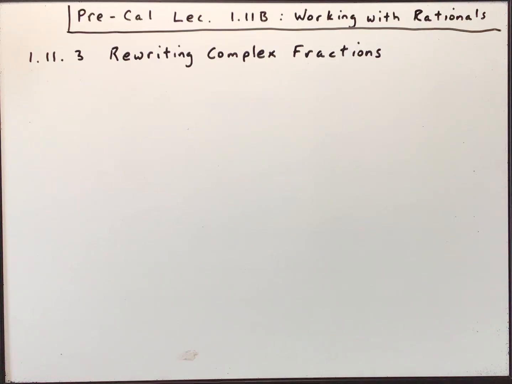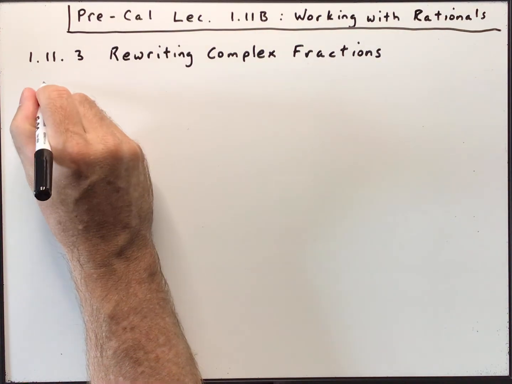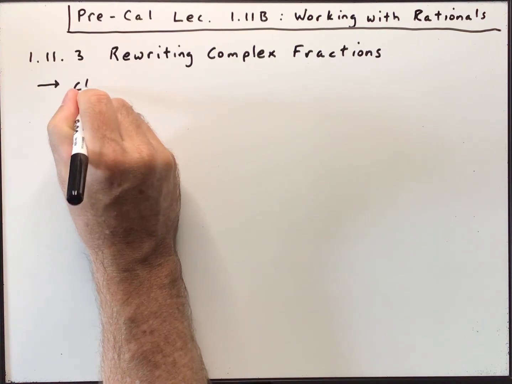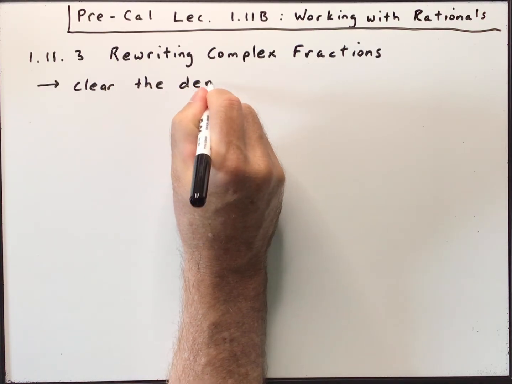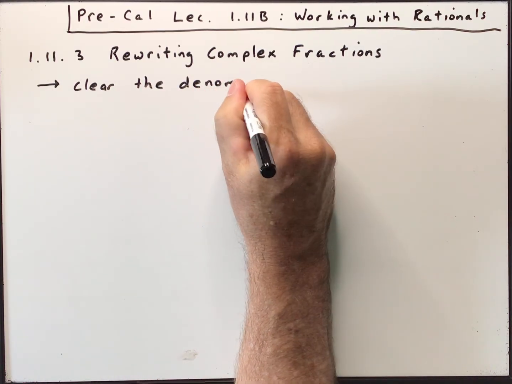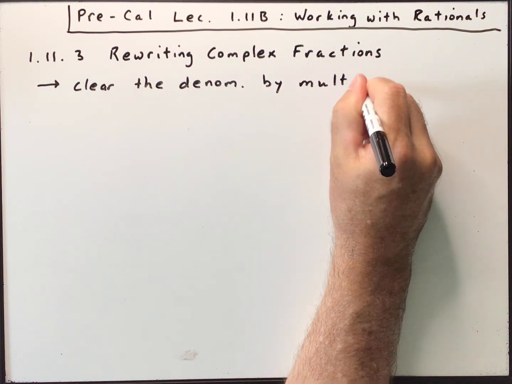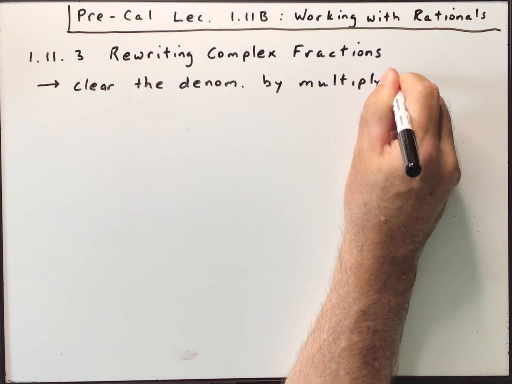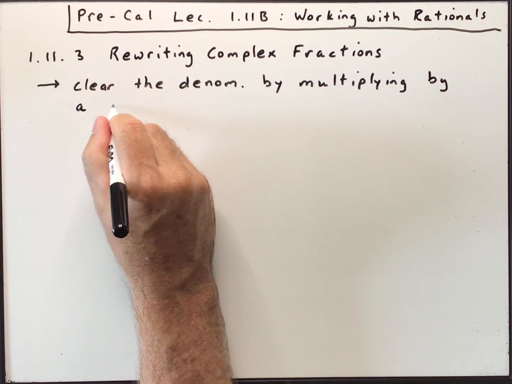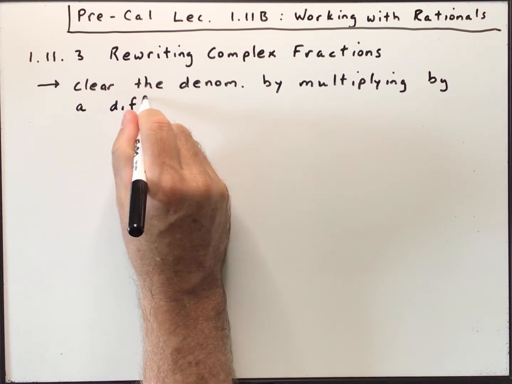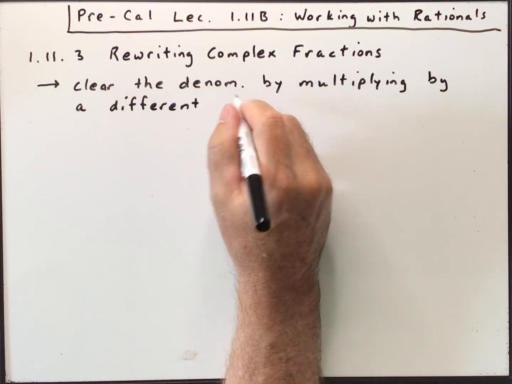So let's say that we could clear the entire denominator by multiplying by a different version of 1. On the last one, we kind of did the obvious version of 1.